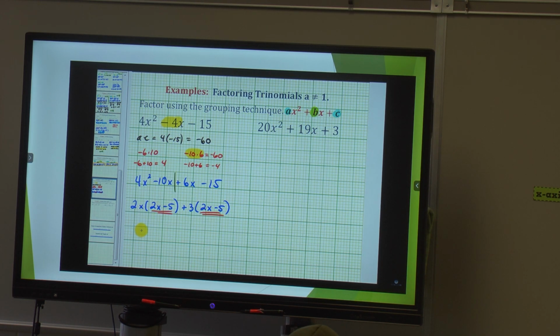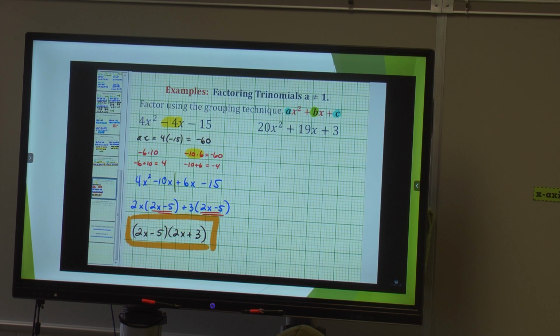So if we factor out the binomial factor of 2x minus 5, notice how we're left with 2x plus 3, which is how we factor the trinomial 4x squared minus 4x minus 15 using the grouping technique. So you can see this process is a little bit lengthy, but if you like factor by grouping, it is a nice way to factor a trinomial when a doesn't equal 1.